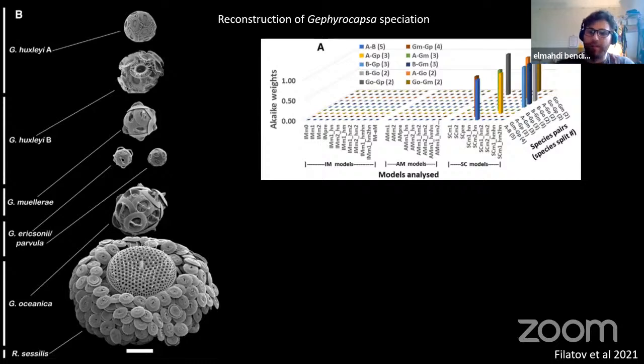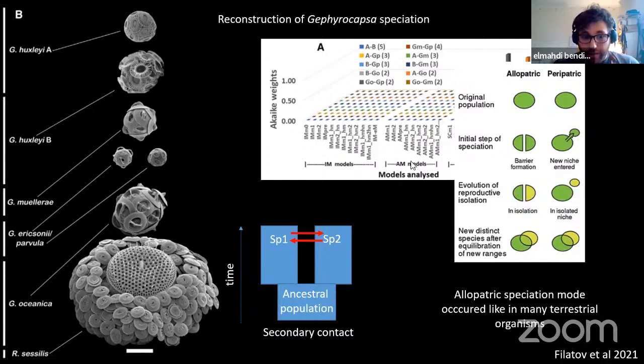Now, if we compare all the pairs of species we have in this tree, we found out that most of the models that are fitting with the variation frequency is a secondary contact.